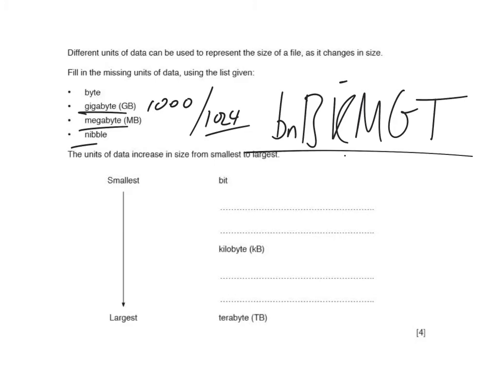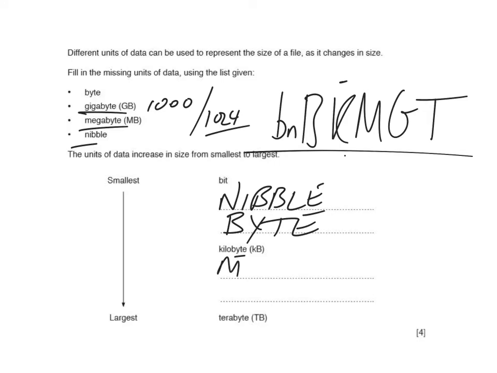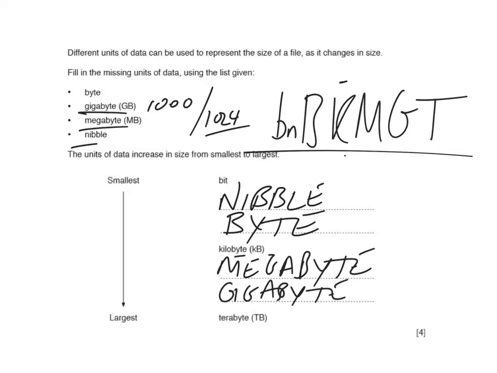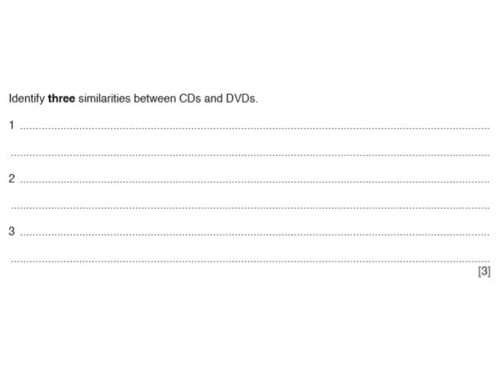So big naughty boys kick my granny twice, so I need an N here, which is nibble. Boys is bytes. Kilobyte, megabyte. I'm sure you don't need the phrase anymore if you've done it so long. Gigabyte.